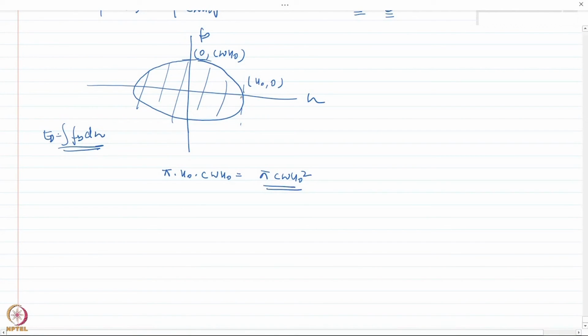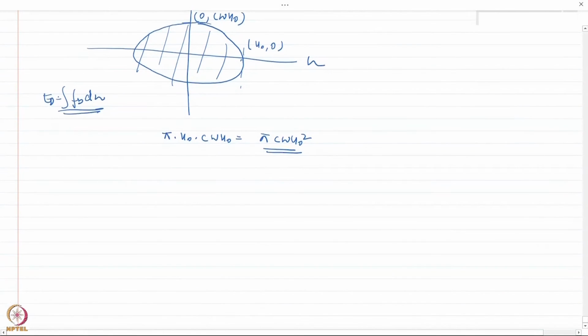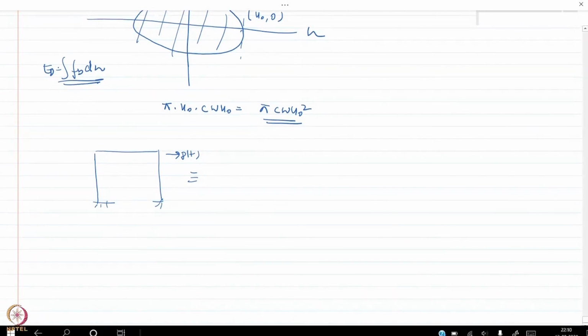Now in reality, when we have a structure or any element, like this frame, we said that when we apply force on it, it can be represented as a mass spring damper system.